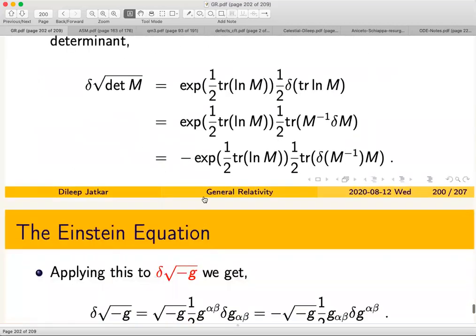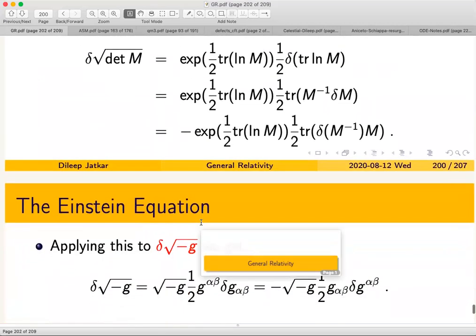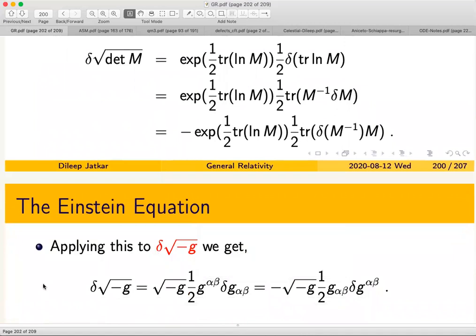Let's apply this manipulation to the variation of the root determinant of g. If you do that, you get an expression which is delta root of determinant of g, which is root determinant g times half of g alpha beta times delta g alpha beta, which you can write using the last expression as delta of g inverse.